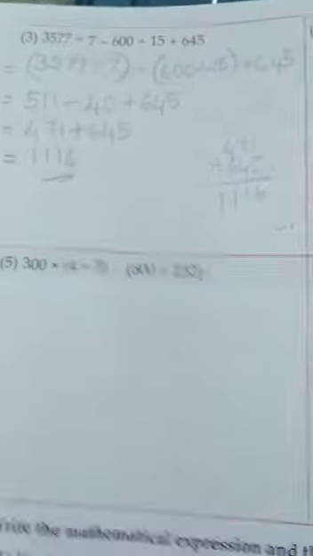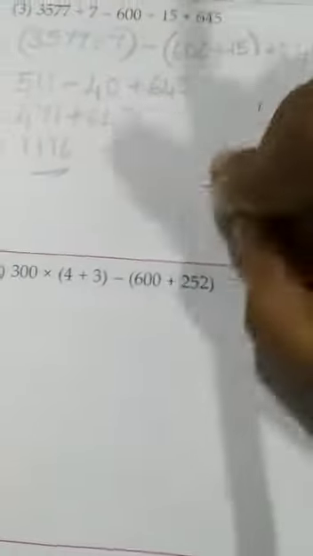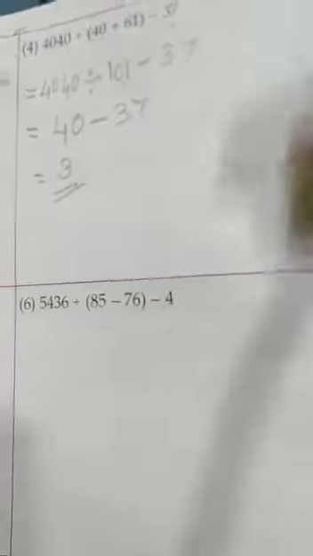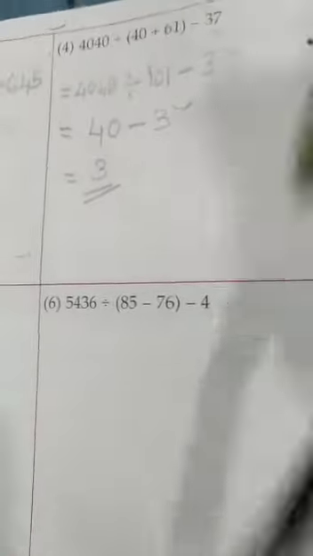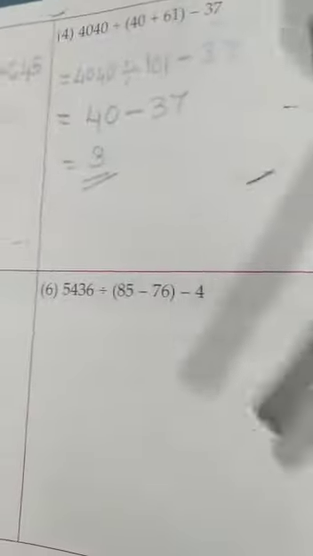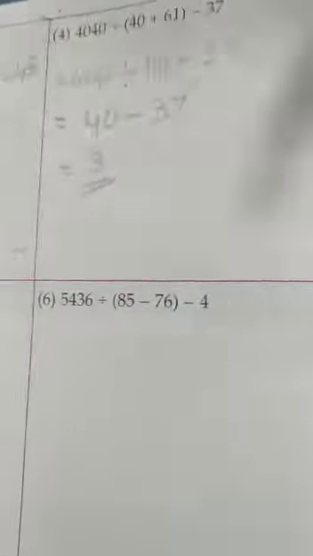So that is simplification. These extras you can write here, or it is better you erase them after doing, then it will look neat. Here also I have written, I will erase it. Next, questions 3 and 4 I have done. 5 and 6 you will do as homework.